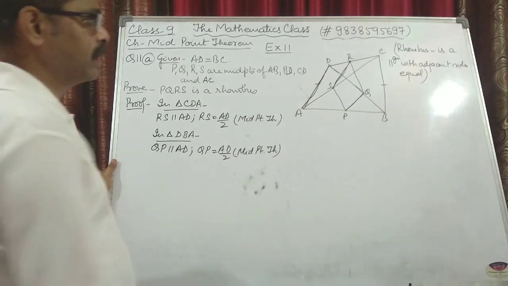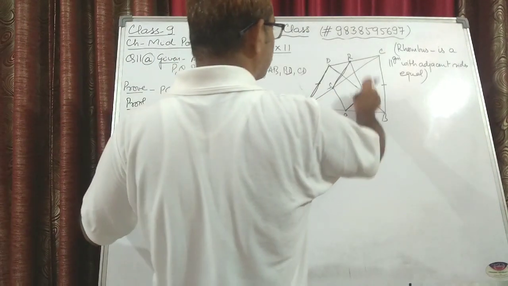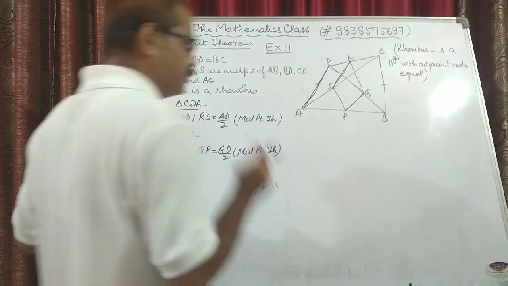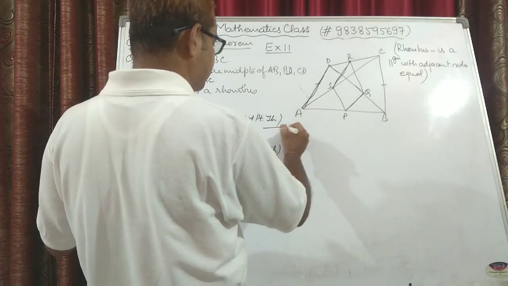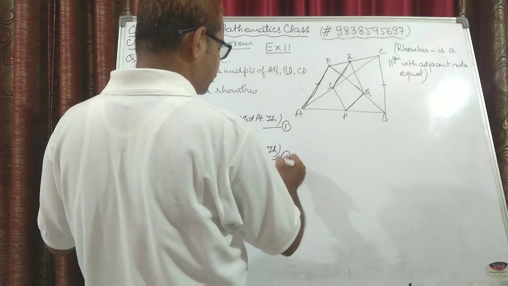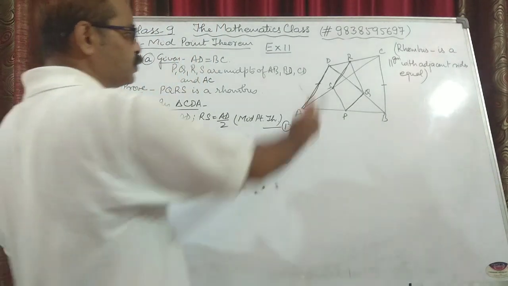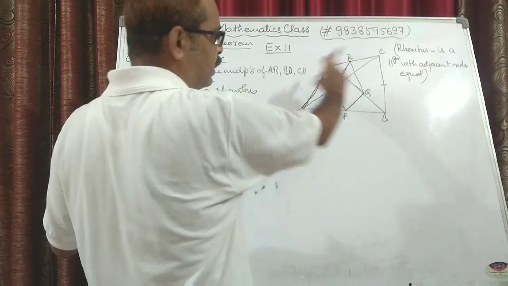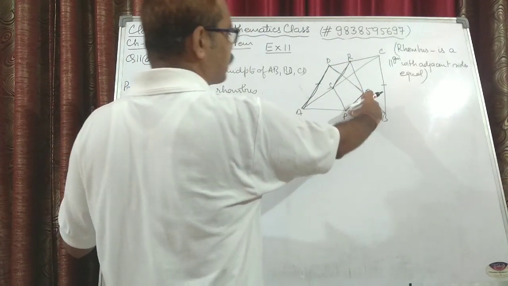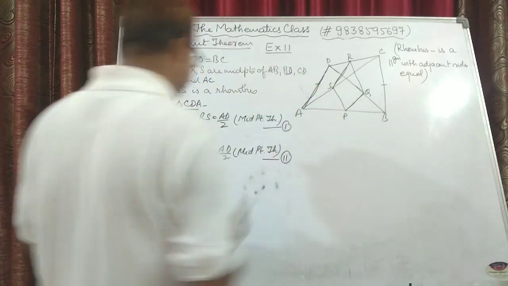Now in quadrilateral PQRS, we have proved that, let us say that this is equation number 1, and let us say that this is equation number 2. We have proved that SR is half of AD and parallel to AD, and at the same time PQ is parallel to AD and half of AD.